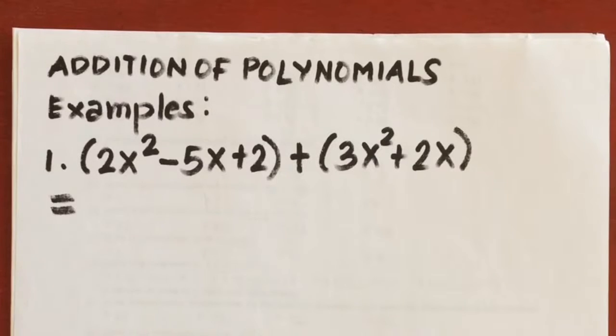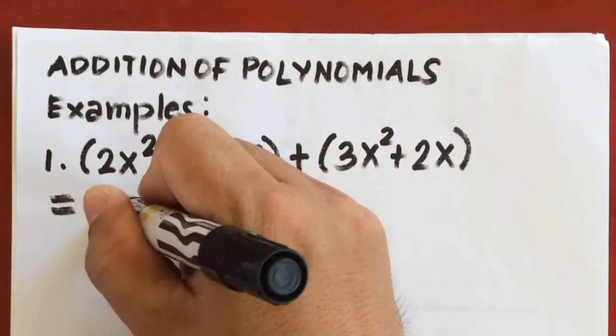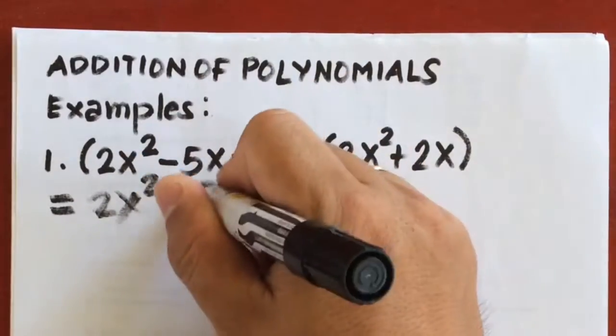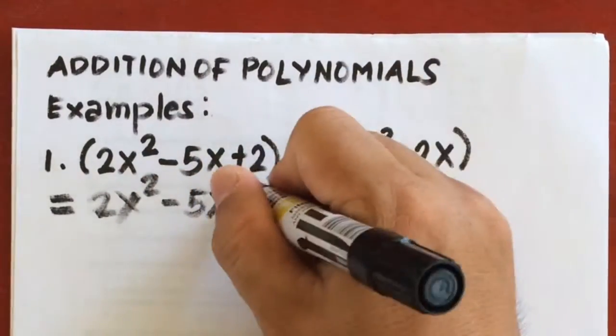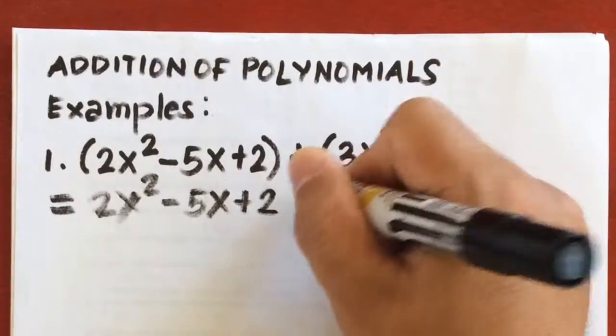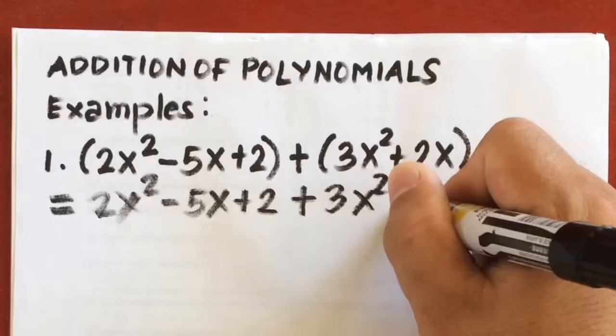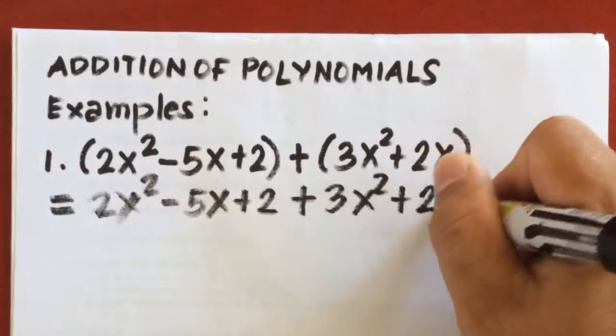Number 1, 2x squared minus 5x plus 2 plus 3x squared plus 2x. Now in here, this is just the same as 2x squared minus 5x plus 2 then plus 3x squared plus 2x.